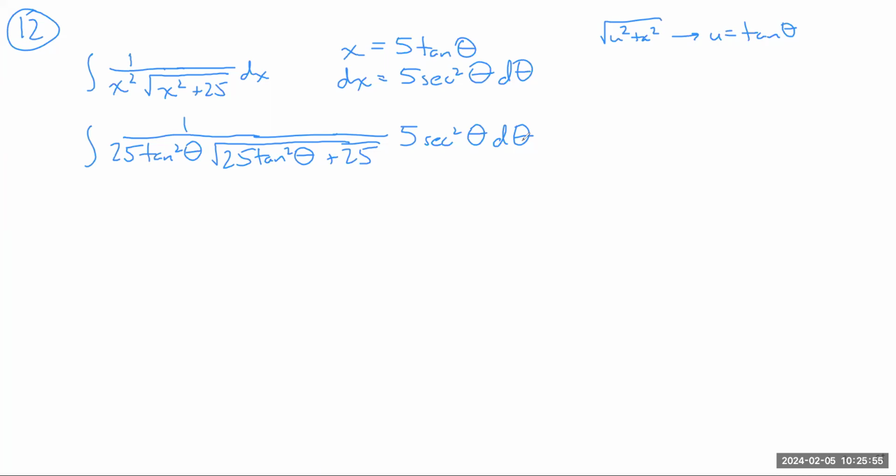Now I would like to factor a 25 out from what's under the radical. So 1 over 25 tangent squared theta, times the square root of 25 times tangent squared theta plus 1. While we're at it, let's compact this a little bit. Anything special about this step?